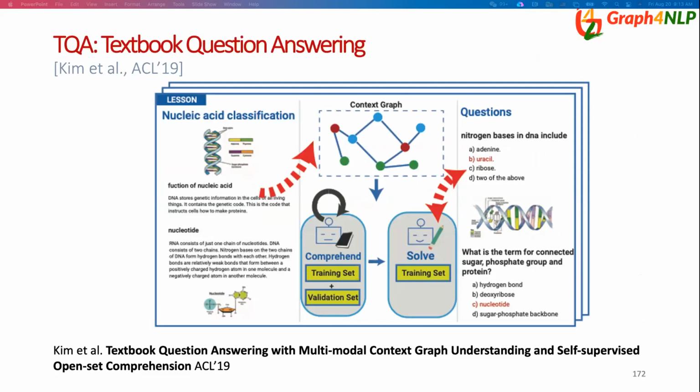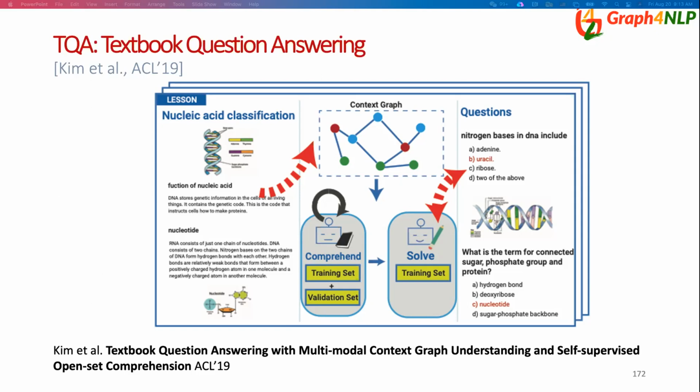Another interesting reading comprehension paper is this one on textbook question answering. In this particular setting, the resource includes both visual content as well as textual content, because this is related to reading a book, or multiple books, and then trying to answer questions over those books.